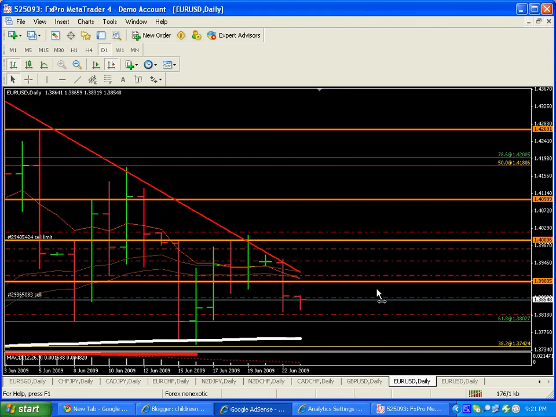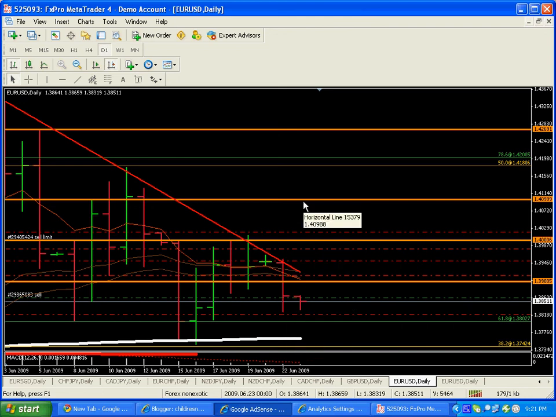So this week I expect the price to find support at the 1.38 area and shoot a little bit above 1.40 up to 1.41.